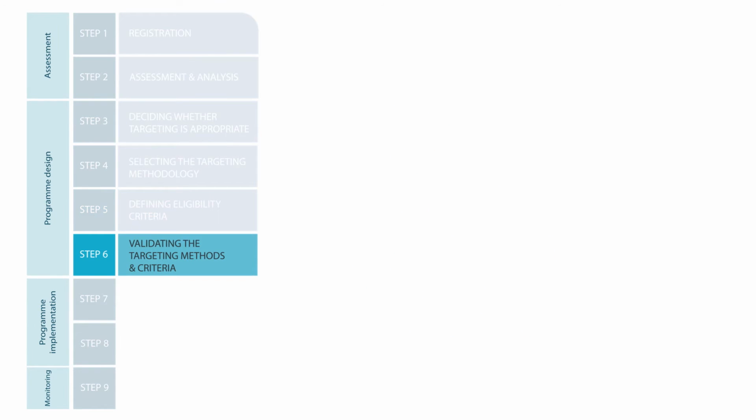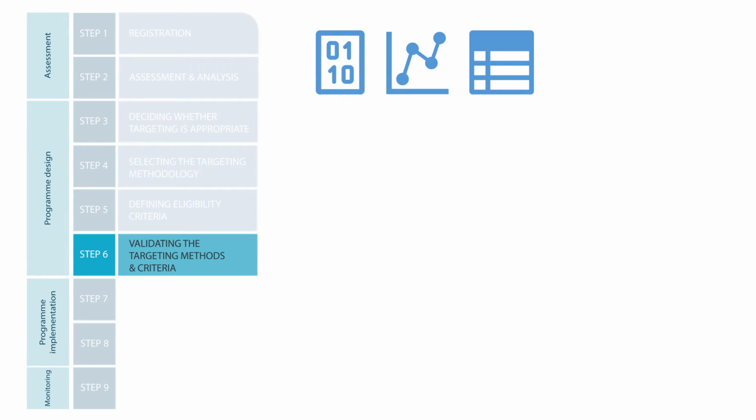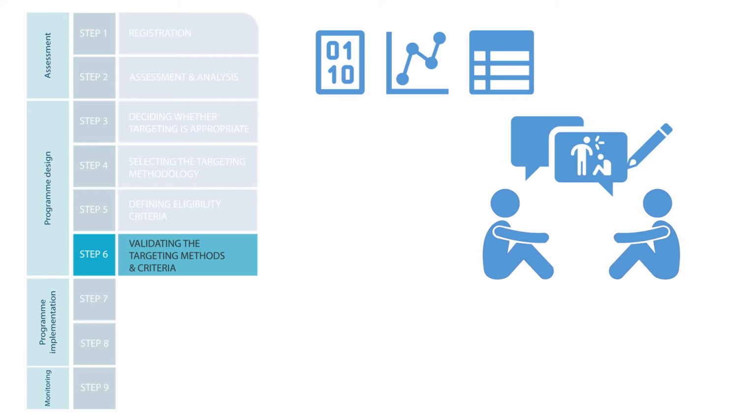The sixth step is validating the targeting methods and criteria through the use of quantitative analysis and qualitative approaches such as community consultations.